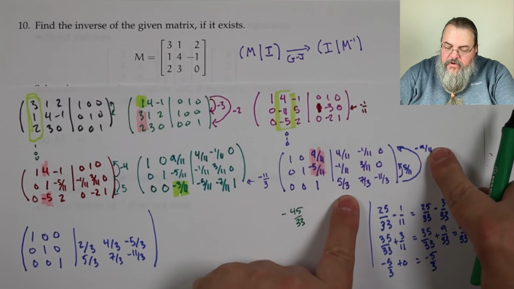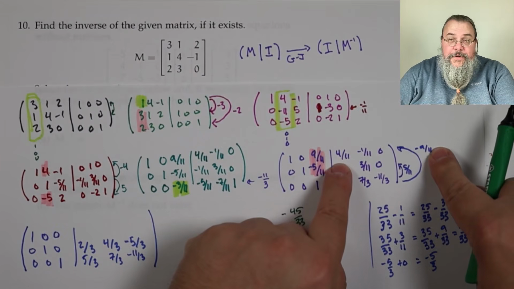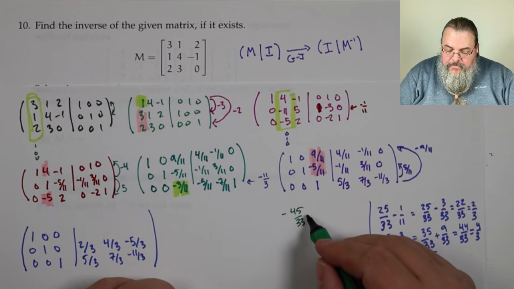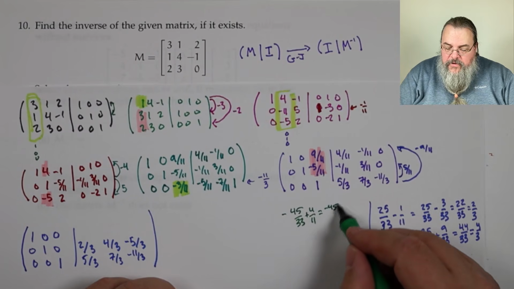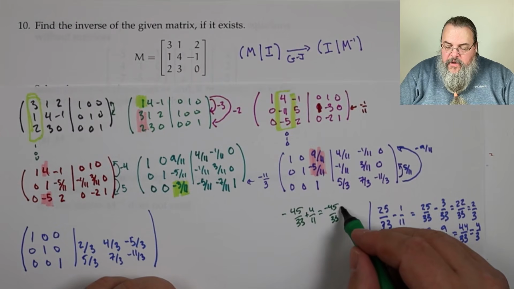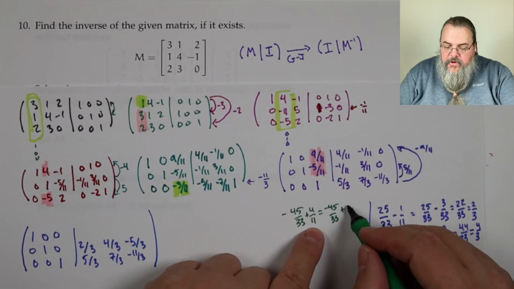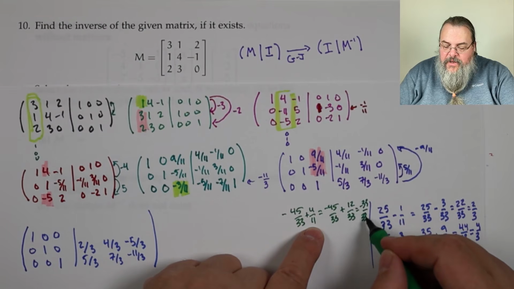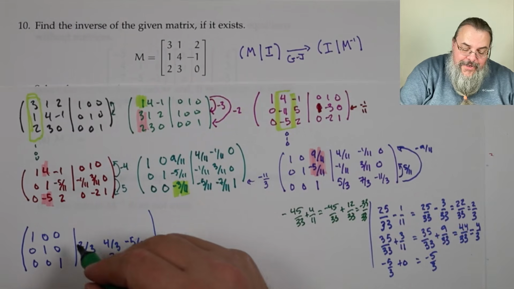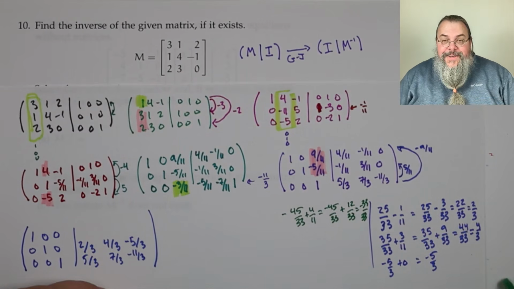That's these terms. Add 4 over 11. Well, that's minus 45 over 33 plus, multiplied by 3 over 3, 12 over 33, which makes negative 33 over 33, also known as negative 1.